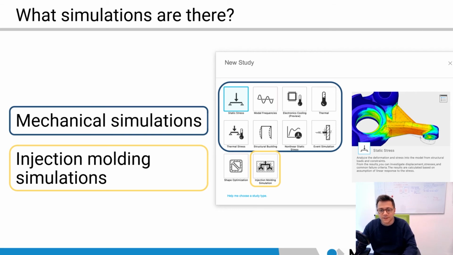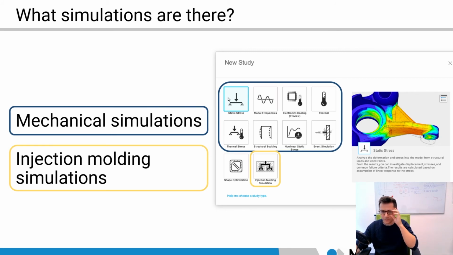So I hope this gave you a nice overview about most of the features that are available now inside the injection molding feature of Fusion 360, of the simulation extension. Just to give you a quick overview, there are also some more options available. Of course, I just showed the injection molding simulation feature to you, but there's also a lot more.